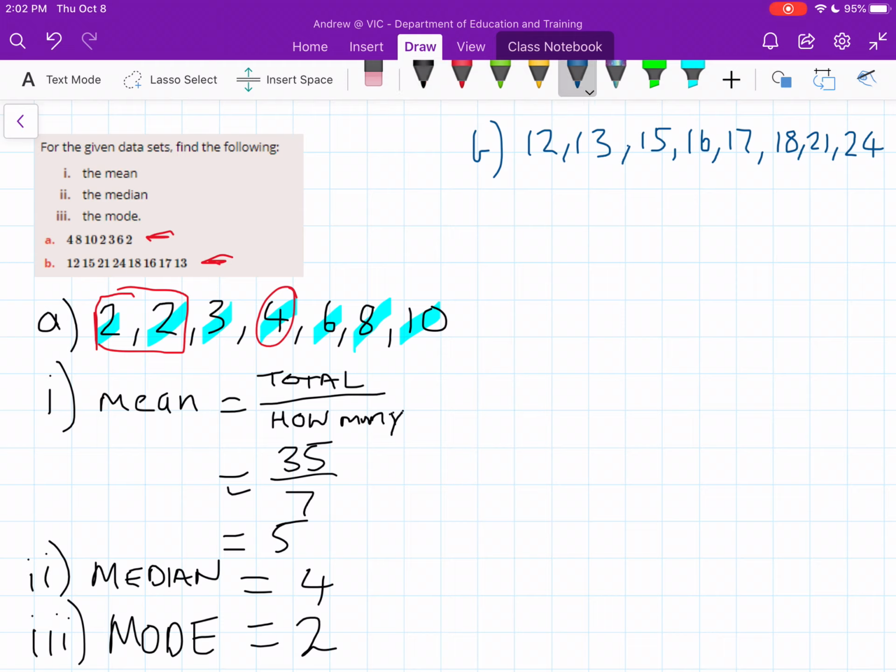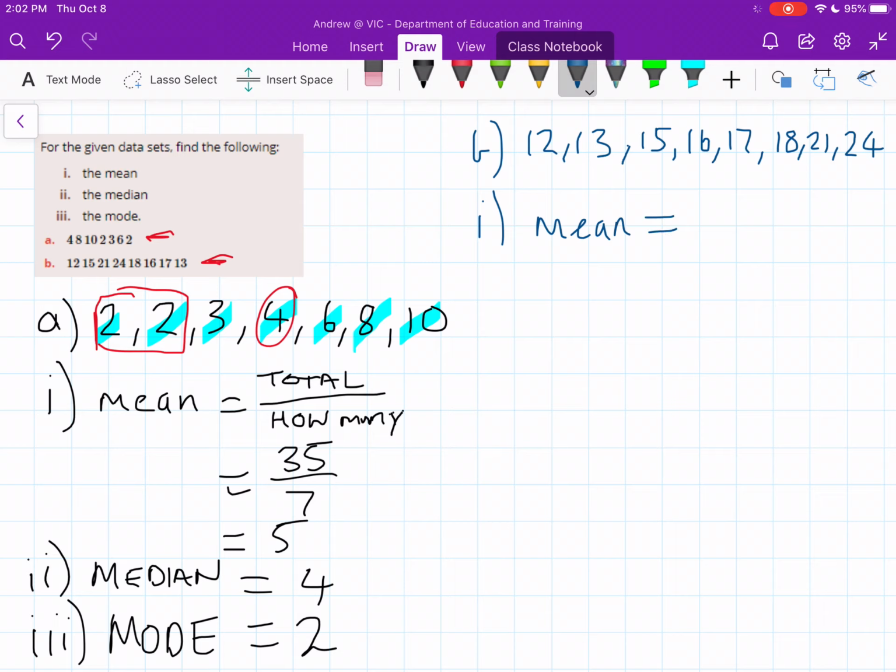With B, we're going to do the same with the larger set of numbers. We have 1, 2, 3, 4, 5, 6, we've got 8 numbers in this one. We'll start off with our mean. Our mean is just the sum of all the numbers, so add them all together.